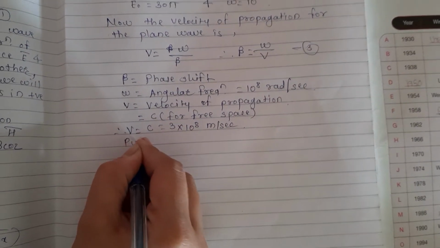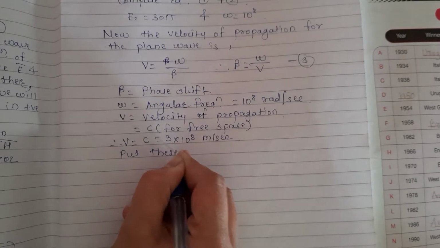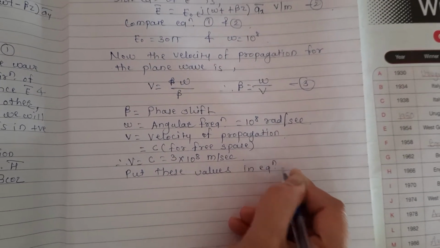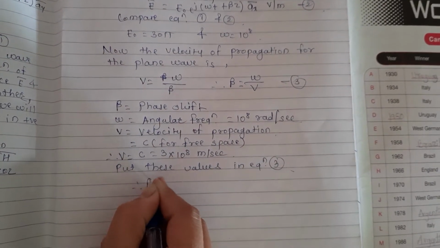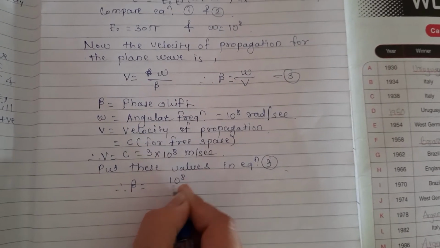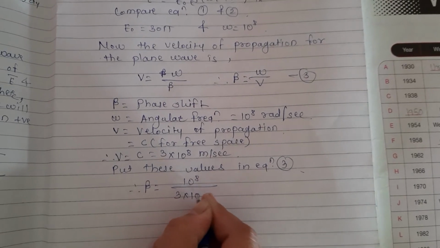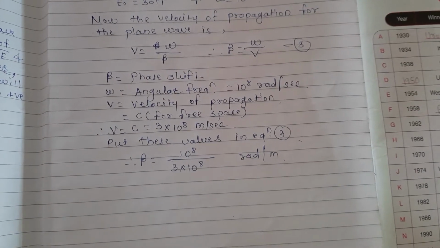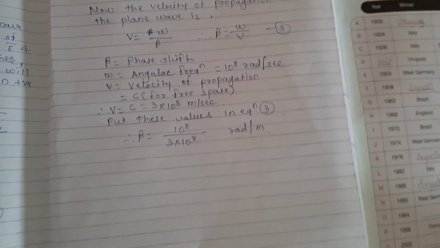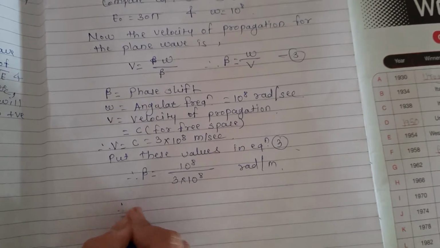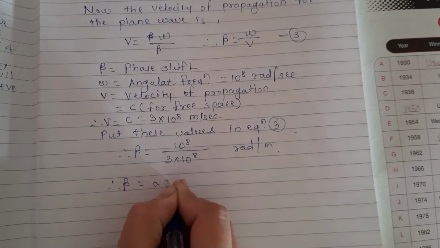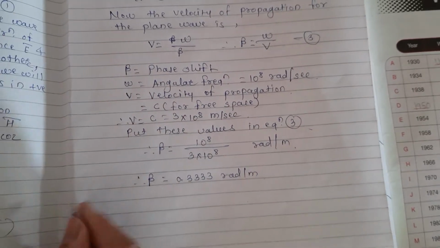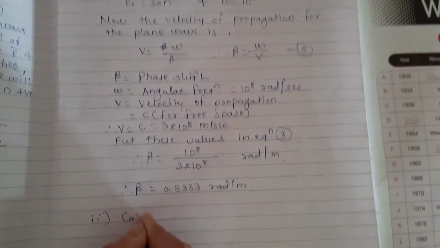Now put these values in equation 3. So β is equal to 10^8 divided by 3 × 10^8 radian per meter. Therefore β is equal to 0.33 radian per meter.